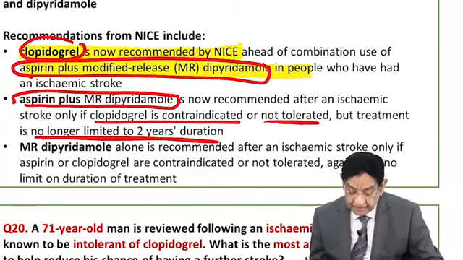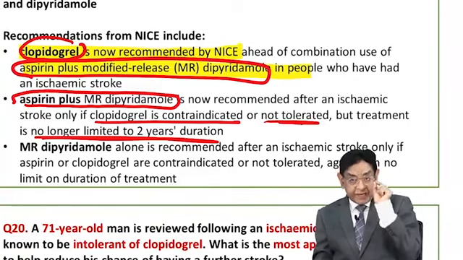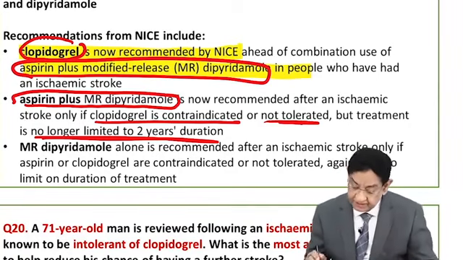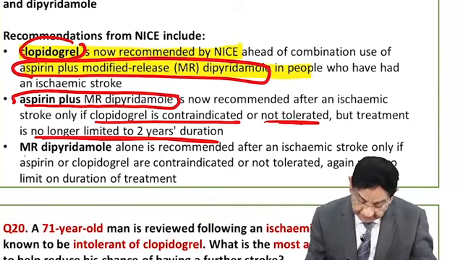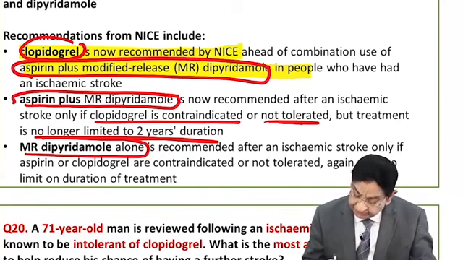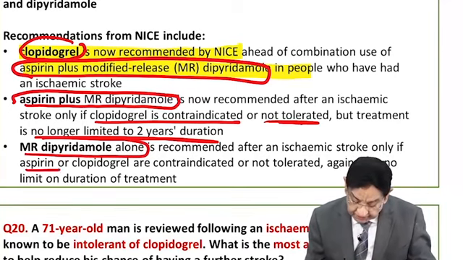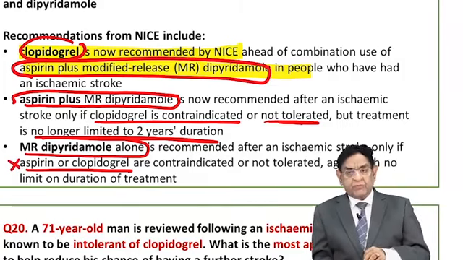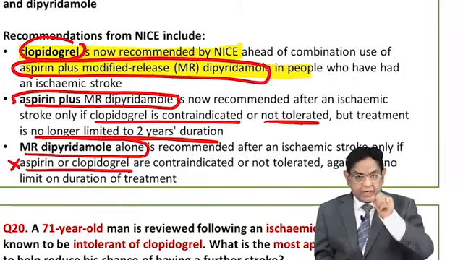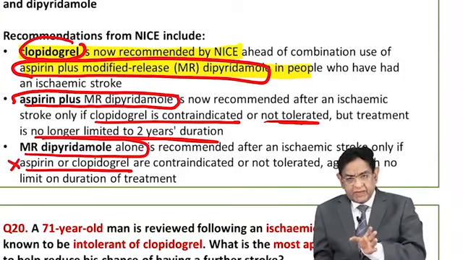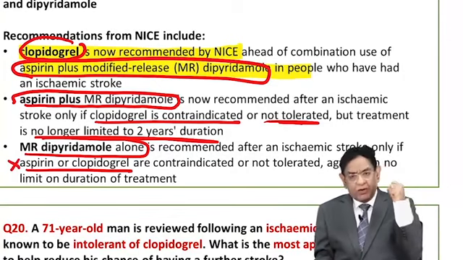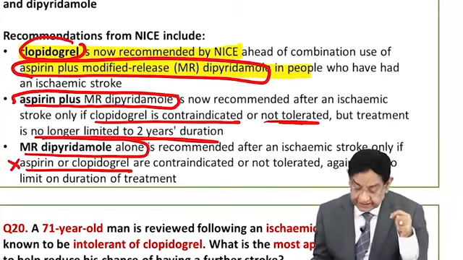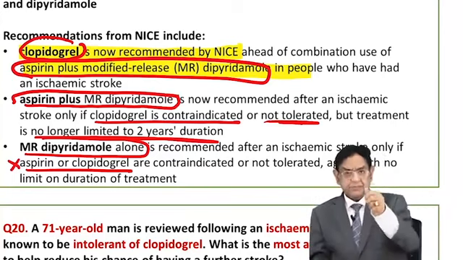Okay? Understood? Now, third scenario. We can give dipyridamole alone if there is some contraindication of giving aspirin and clopidogrel. You cannot give clopidogrel, you cannot give aspirin, then you give dipyridamole alone. So friends, I repeat again.